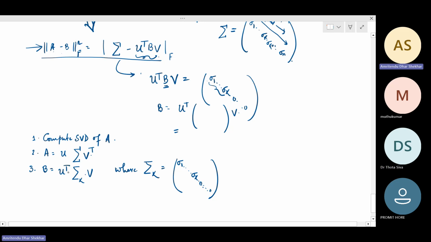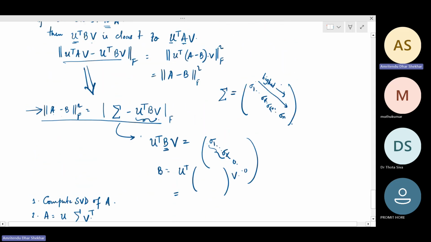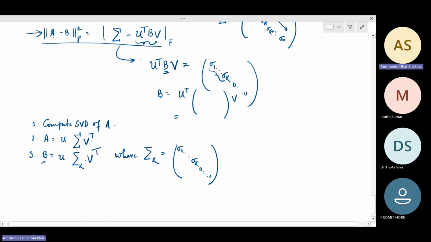A is equal to U sigma V transpose, and B is equal to U sigma K V transpose. So you look at this diagonal matrix, take the first K diagonal entries, and the others are set to 0. This would give you the rank K approximation for A. This is how you compute it, and this should suffice for most practical purposes.